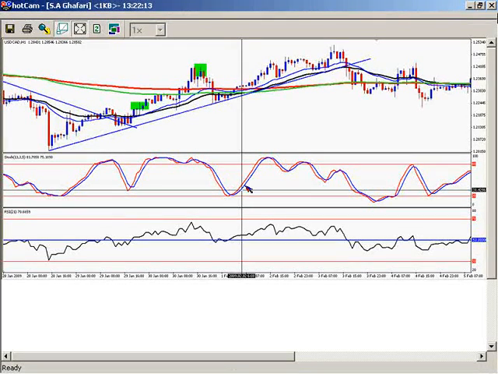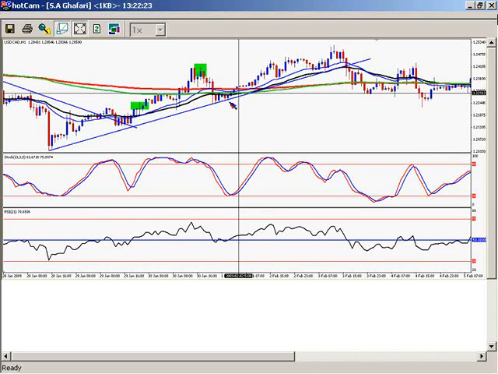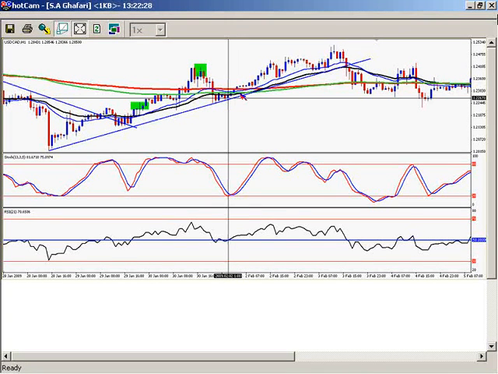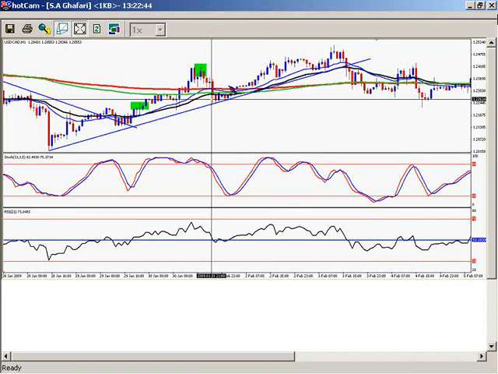We have an uptrend here, and we also have a buy signal right here. And we also have some other indicators that confirm these trading signals. So simply, we should not trade against the trend. The major trend is up here, and I personally don't risk my money on these counter trades.